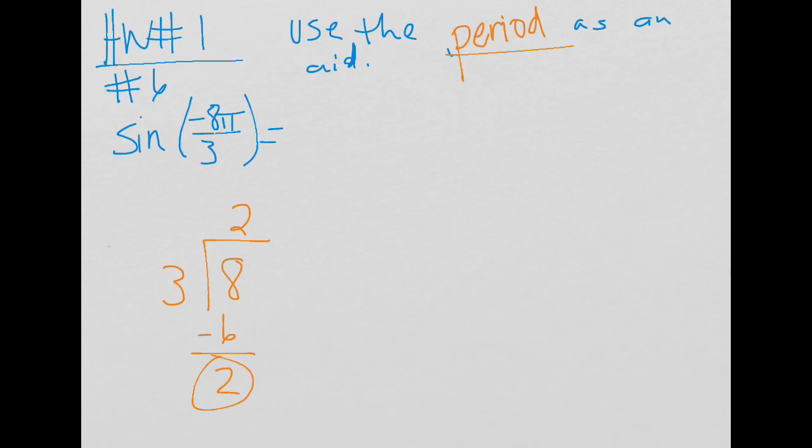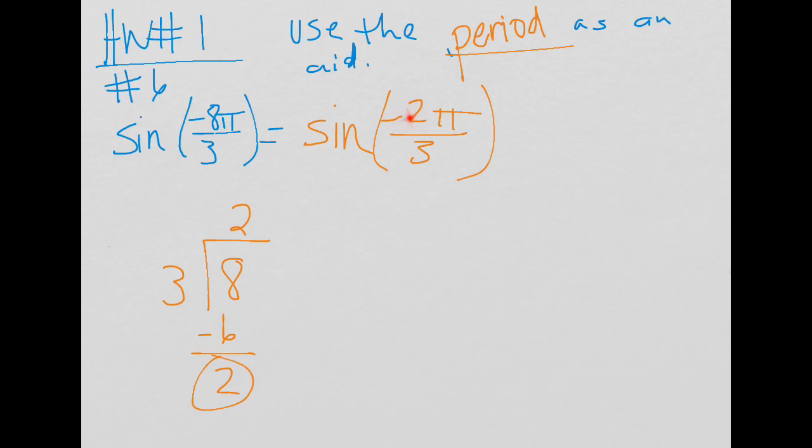My remainder, though, I do care about. The remainder is going to be my new numerator. Since this was negative, it's going to stay negative over here. Negative 2π over 3. So is anybody confused on what I did thus far?